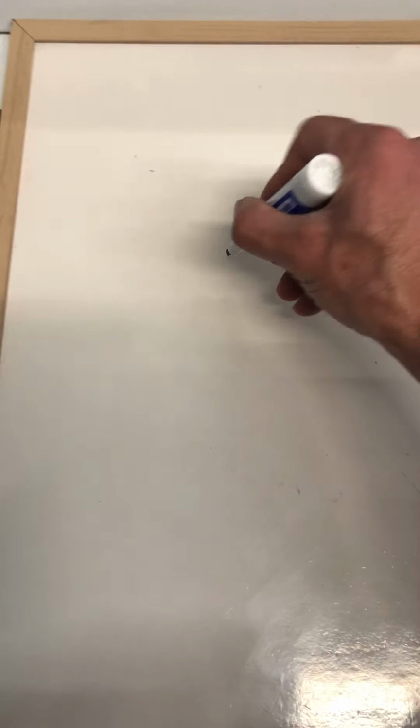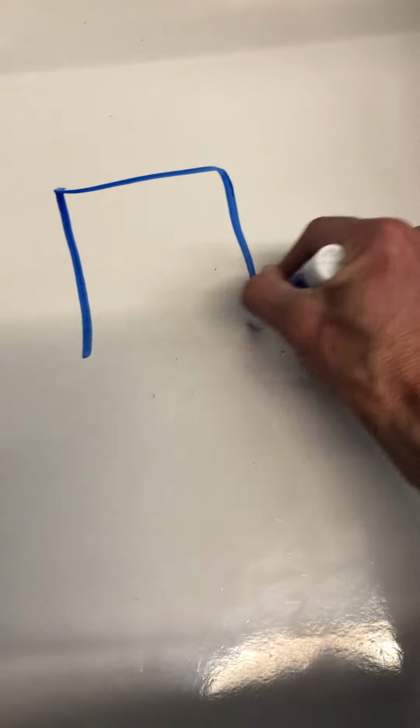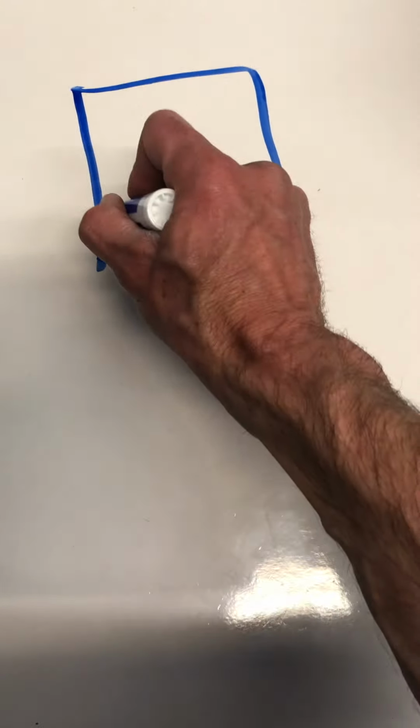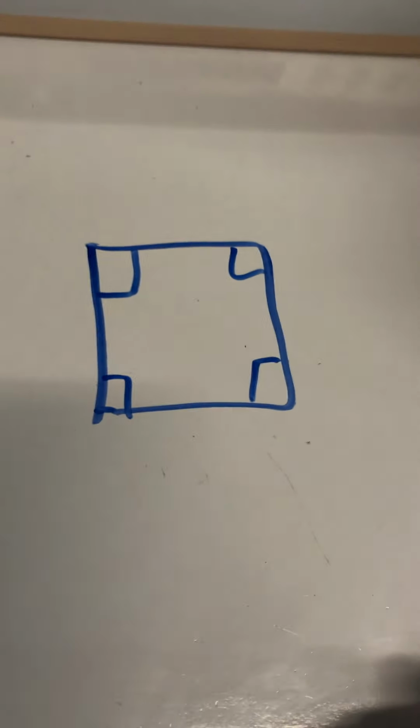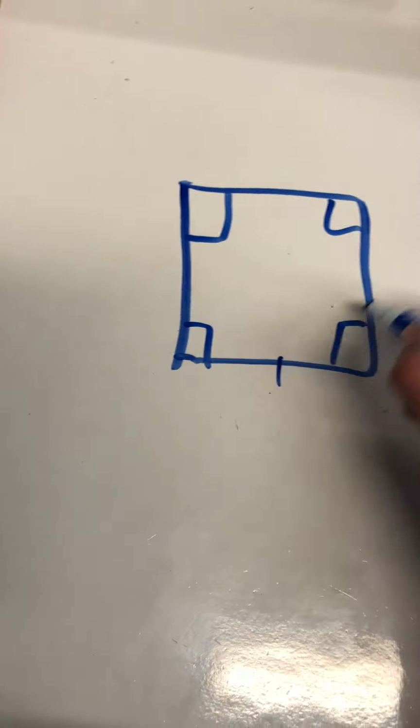Now, the examples that I give you with a 45, 45, 90-degree triangle have to do with a square. Okay, look, you have a square. What do you know about a square? Well, every angle is the same, which is 90 degrees. Every side is congruent.